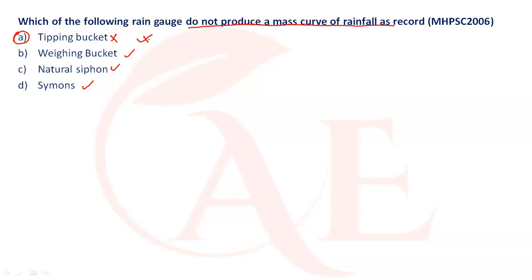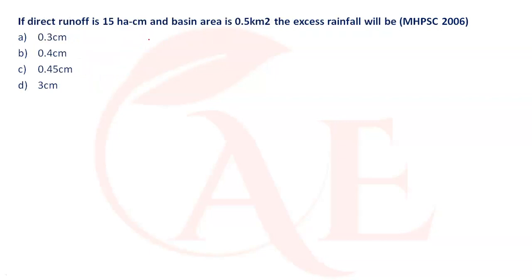Okay, then next question. A direct runoff is given as 15 hectare centimeter. Basin area is 0.5 kilometer square. We want to find the excess rainfall RE. Rainfall excess RE is equal to direct runoff divided by basin area.